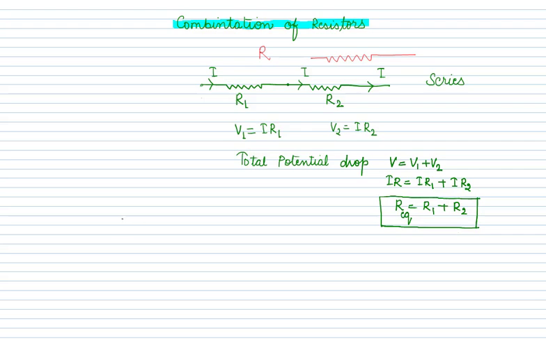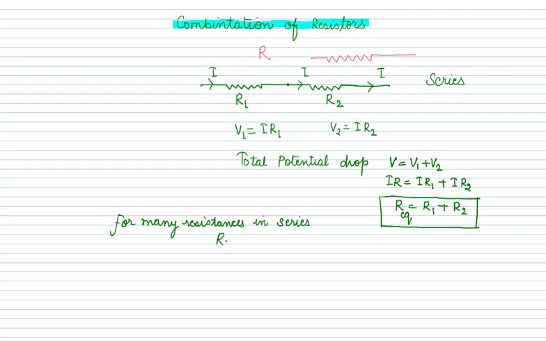So if we have many resistors in place of these two resistors, say we have n number of resistors, so we can call them as, for many resistances in series, we can calculate the equivalent resistance.